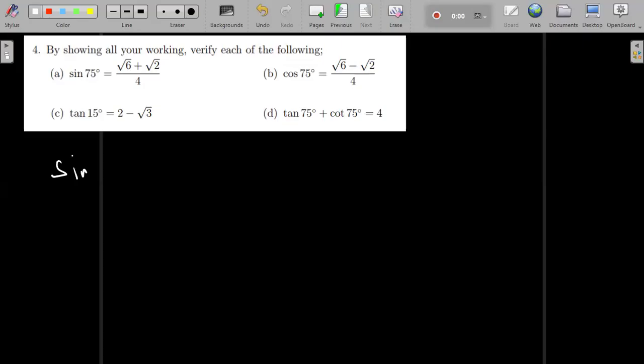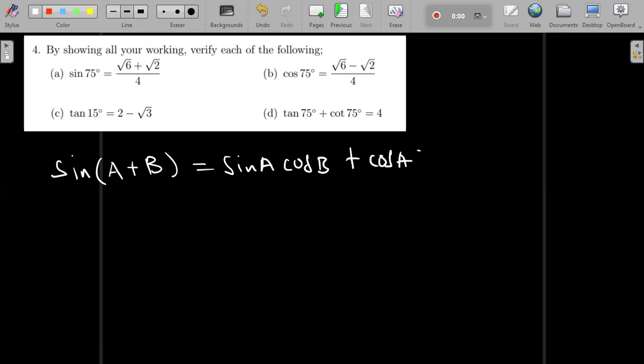So if I have sine of 2 angles, maybe angle A plus angle B, okay? So this here will be the same as sine A cos B, and then plus cos A sine B. Okay, so it means that if I have maybe the difference of 2 angles, so let's say sine A minus B, it will just be the same thing, but with a minus in between there.